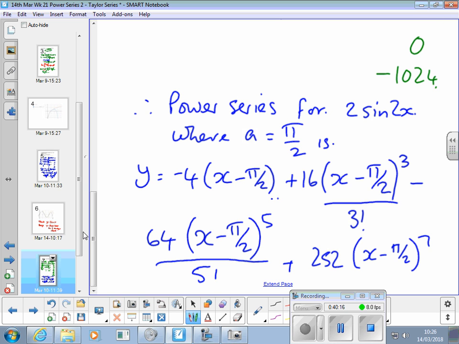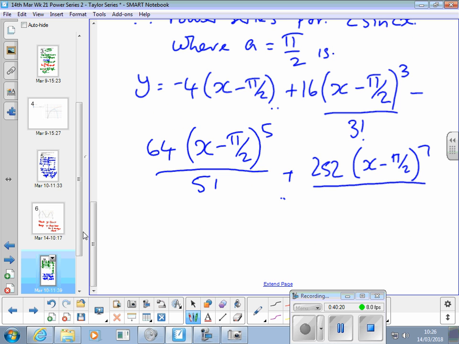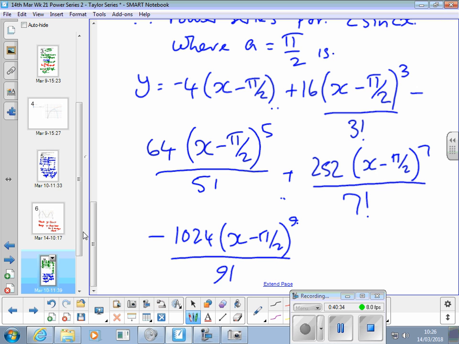So there's 7 over 7 factorial minus 1024 x minus pi over 2 to the 9 over 9 factorial.